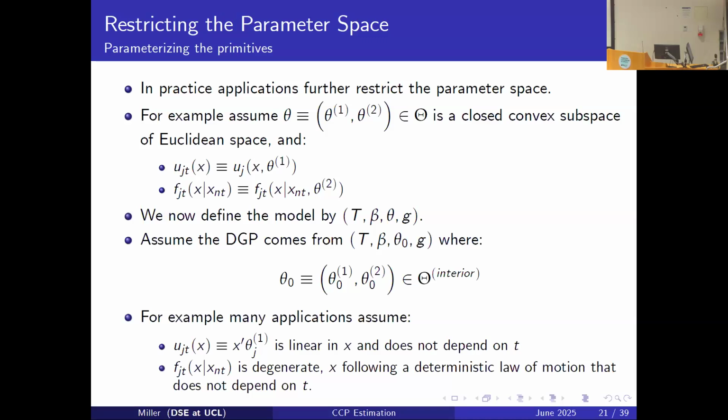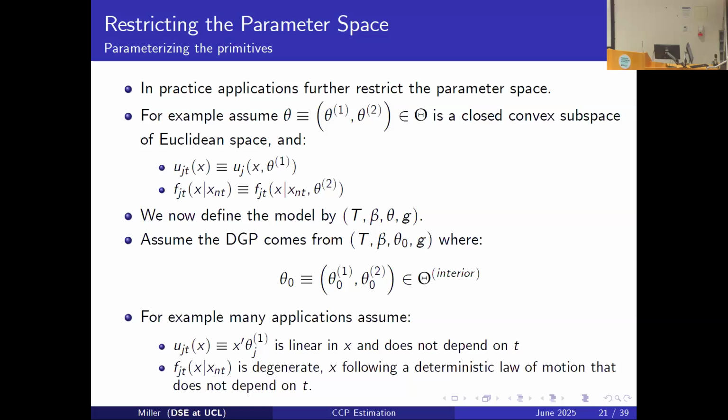In practice, what we all do is say, let's make the utility of X depend on a relatively small number of parameters. Let's look at the transition function in terms of, again, a relatively small number of parameters. Parameterize all that.